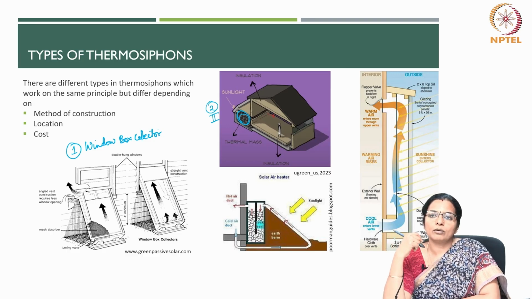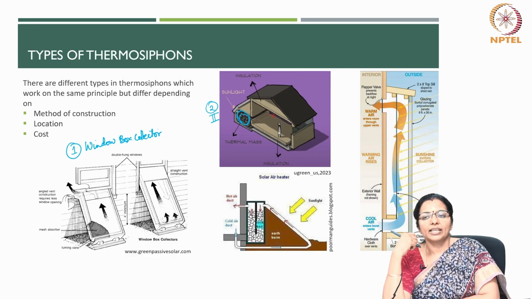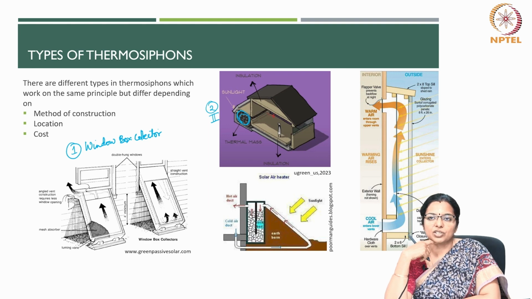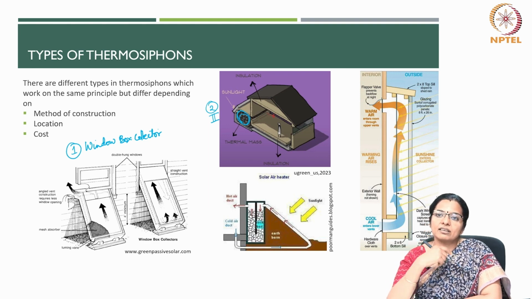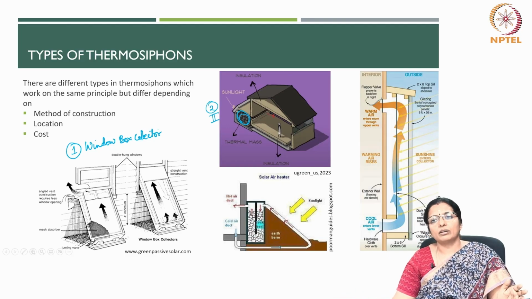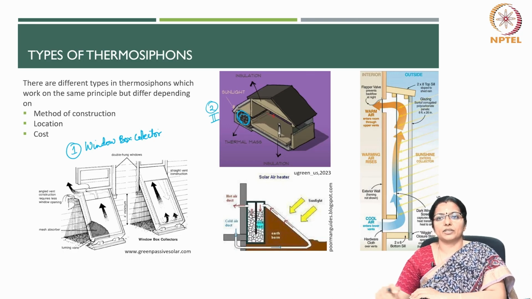These require a lot of pre-planning. They take up space and are expensive as the air is circulated through the built structure. This type of collector is preferred for locations which require heating all year round, and also where there is a need to store the heat before it is dispersed.